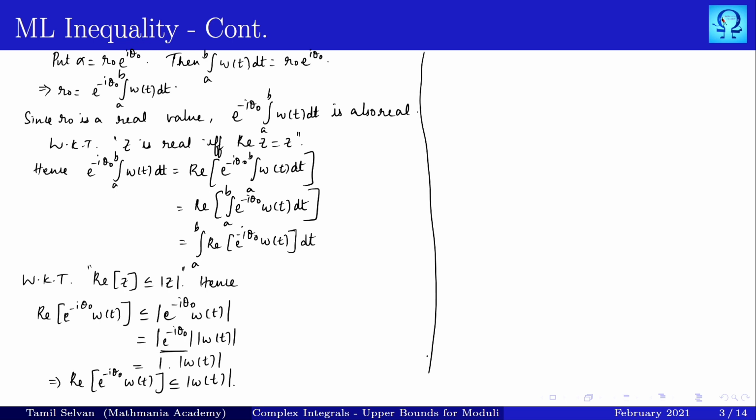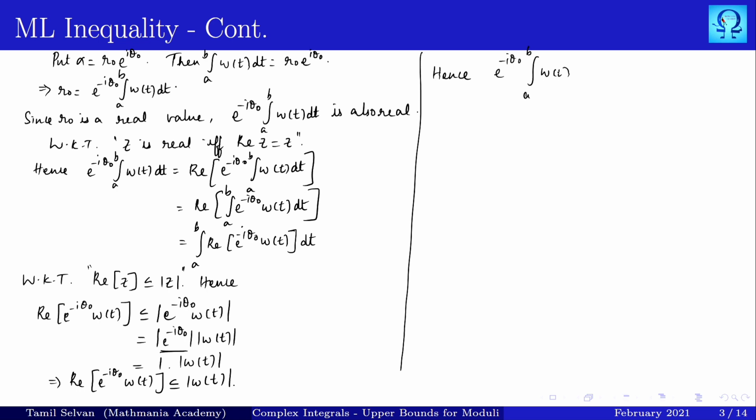Hence, e to the power minus i theta naught times the integral from a to b of w of t dt is less than or equal to the integral from a to b of the absolute value of w of t dt.